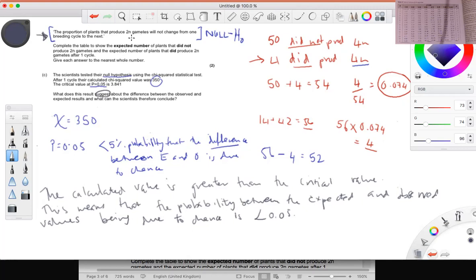The null hypothesis says that there is no difference. So we can say the scientists do not accept the null hypothesis. So that, to me, seems like a credible answer.